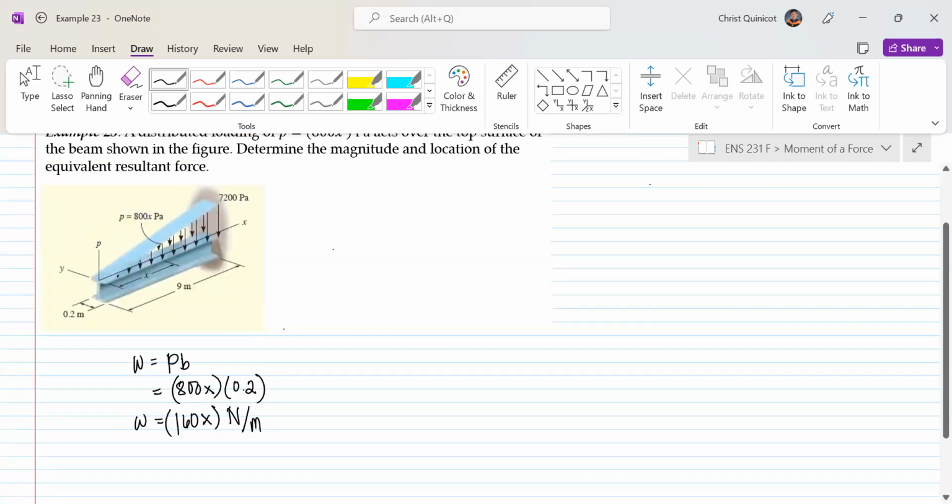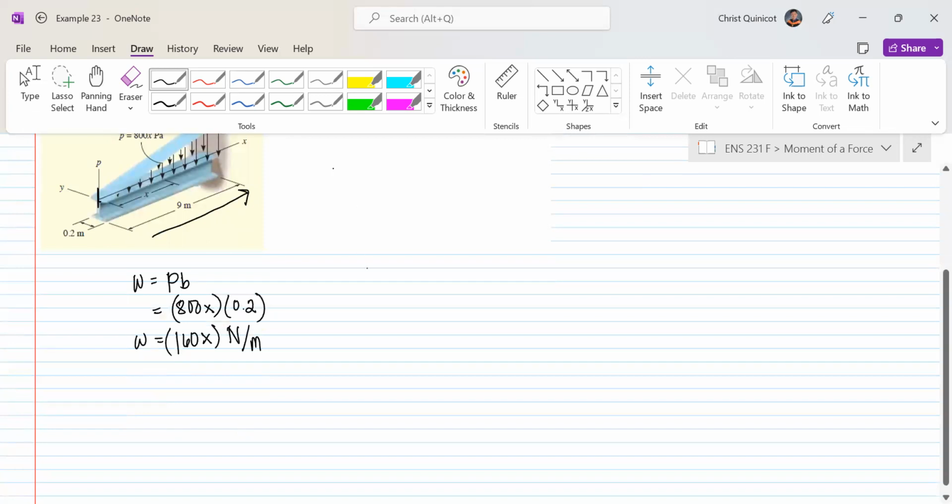Now, if you can observe, it is also provided that at the edge of our loading, at 9 meters measured from here, the load is 7,200 pascals. So we can also say that at x equal to 9 meters, the load is 7,200, still multiplied with our width, times 0.2.